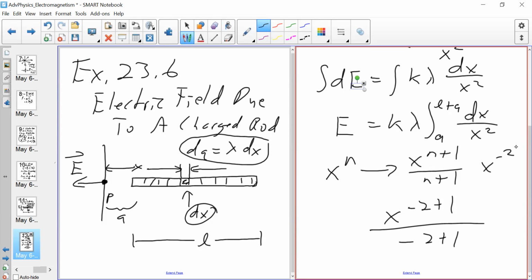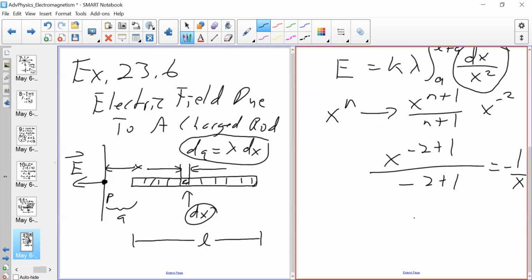Minus 2 plus 1, and that becomes negative 1 over x. So the antiderivative, this integral becomes negative 1 over x. If I take the derivative of this, it becomes x to the minus 2, or 1 over x squared.